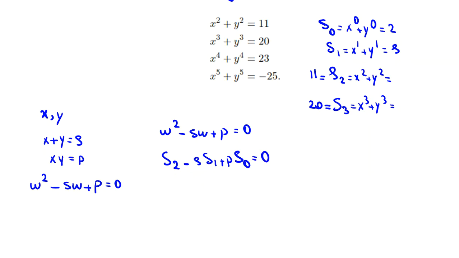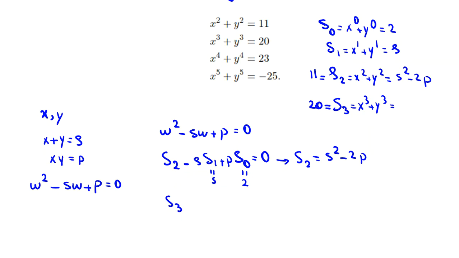Now here, S1 is s, because S1 is x plus y. S0 is 2. So if we take these things to the right hand side, negative s times s, negative s squared, and 2p, we take to the right hand side, minus 2p. So it will be S2 equals s squared minus 2p.